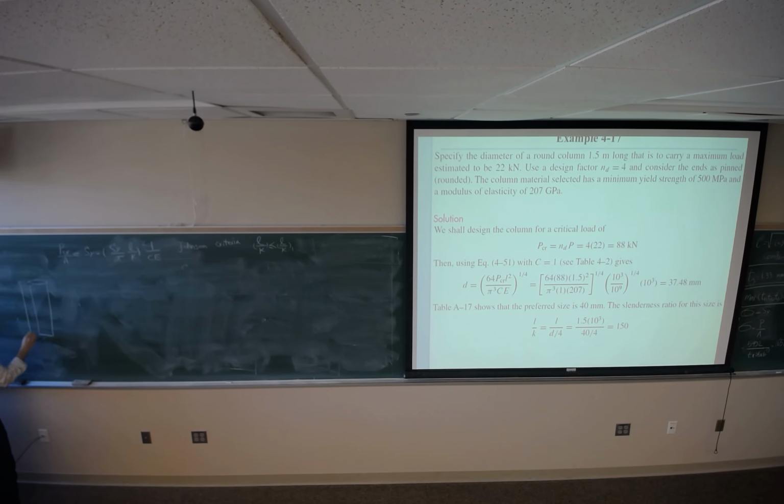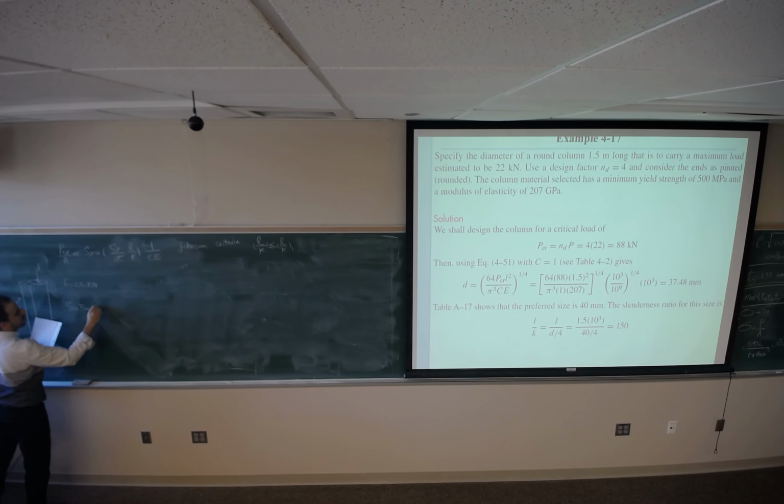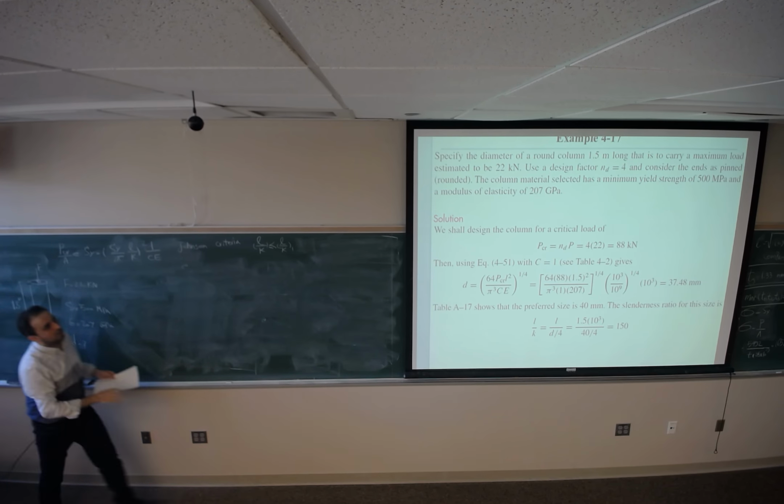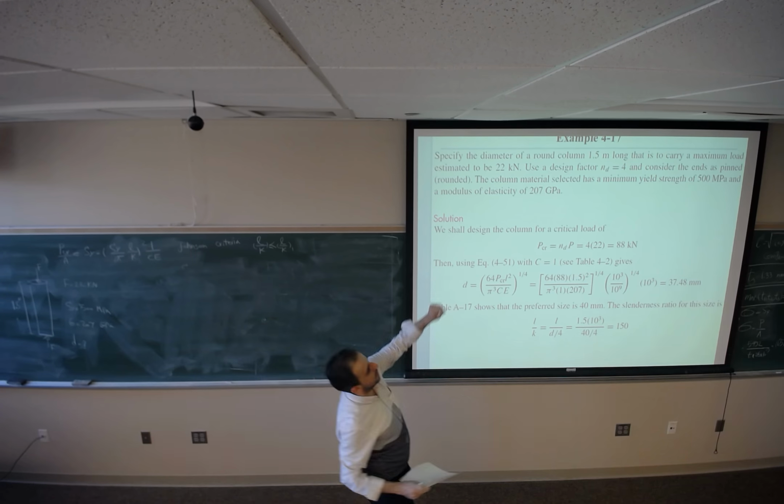The length is 1.5 meter. Round bar, the force is 22 kilonewton, compressive. It's made of a material with 500 megapascal yield strength and modulus of elasticity of 207. Design the diameter of this column to support this load if the factor of safety is 4.